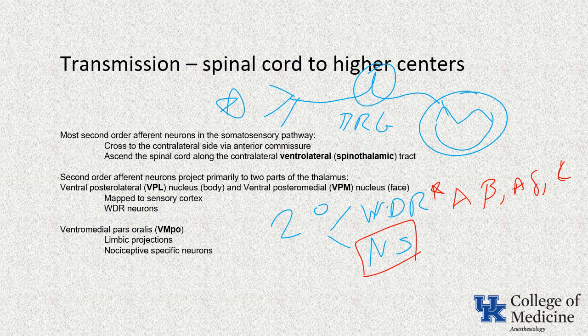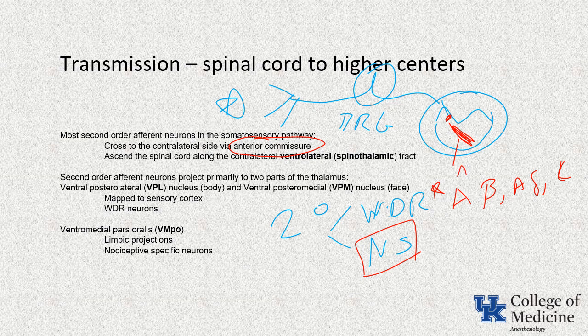So from these secondary order neurons, they travel from the dorsal horn and their corresponding Rexed lamina across the spinal cord, and this tract crossing the spinal cord is known as the anterior commissure.